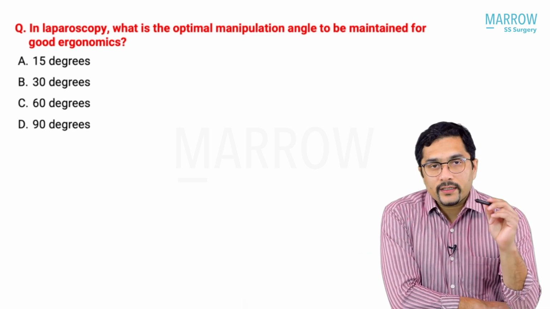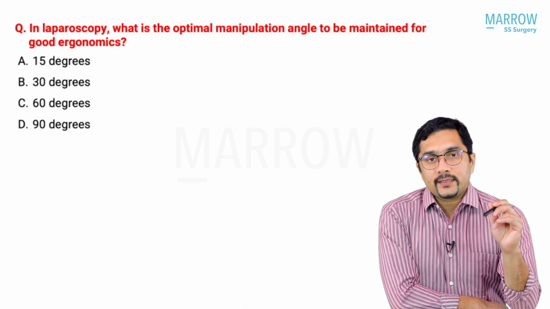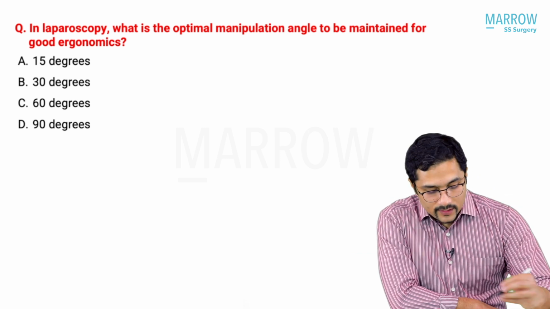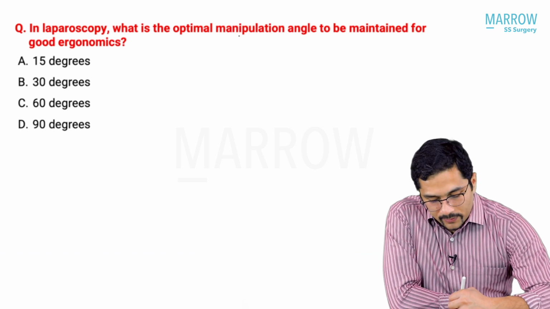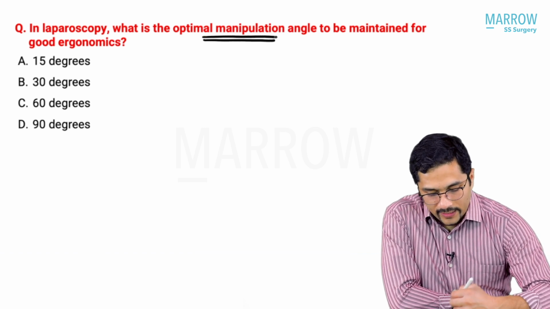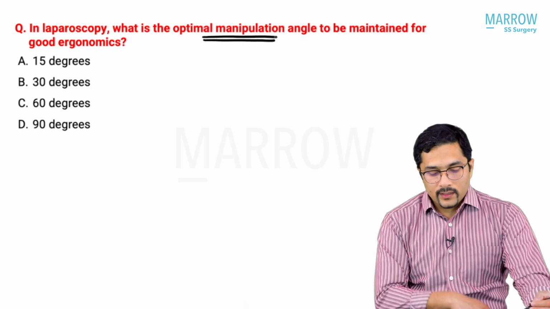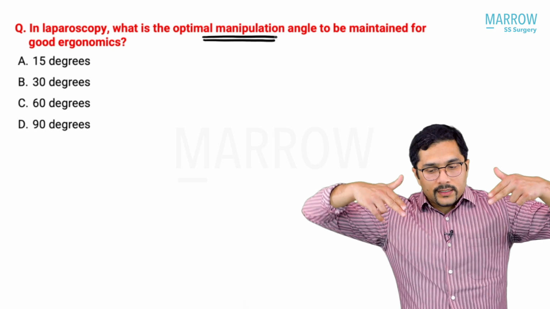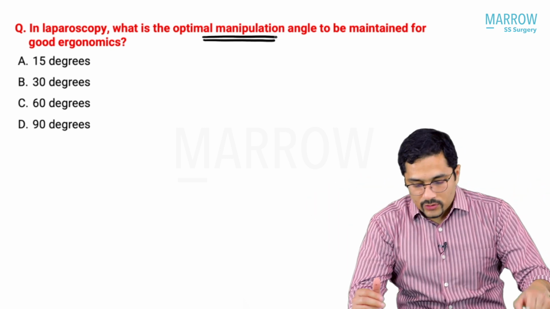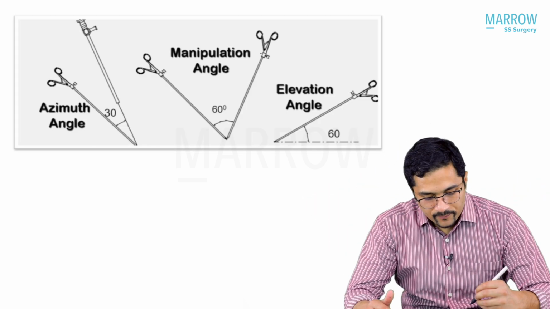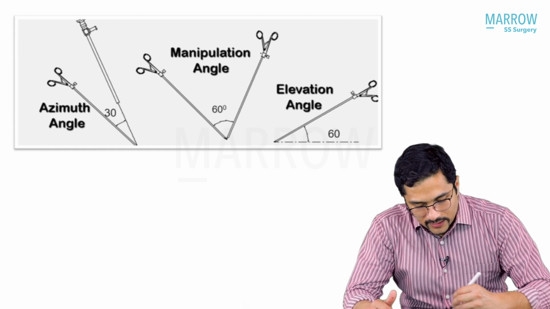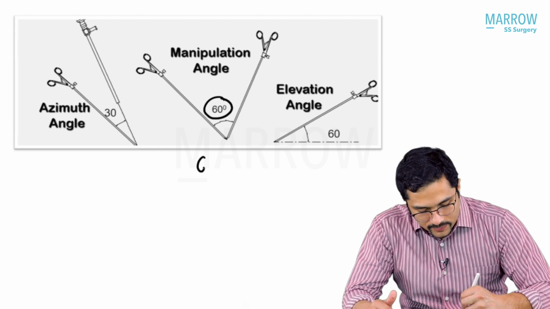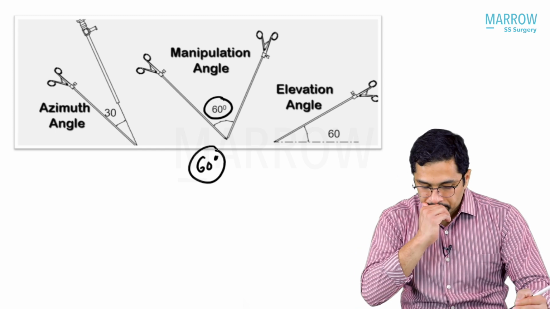There were two questions regarding angles in laparoscopy, and I had covered this in the test and discussion for general surgery in the Marrow SS new test and discussion based on Sabiston updates. In laparoscopy, what is the optimal manipulation angle to be maintained for good ergonomics? First you need to understand what manipulation angle is. Manipulation angle is the angle between the two instruments, and ideally this should be 60 degrees for good ergonomics.